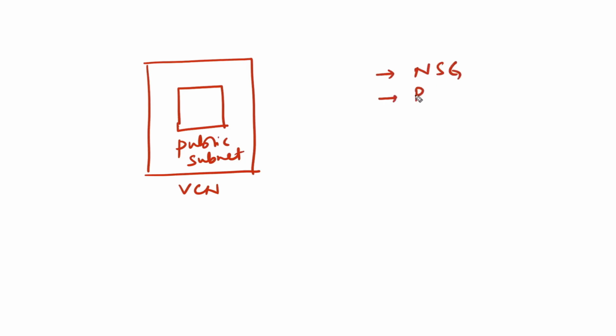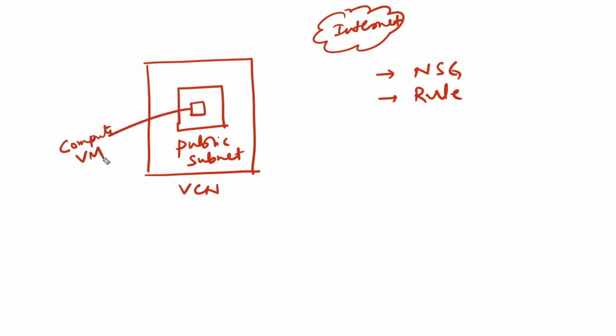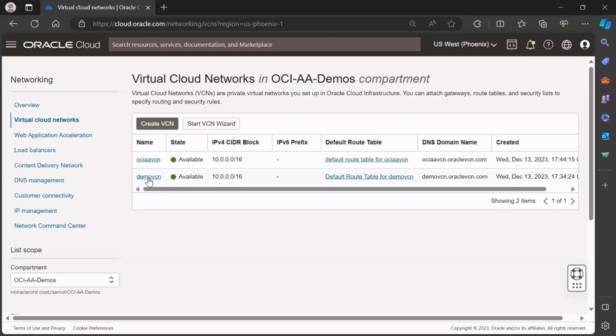Then we will add a rule, just like I explained. Then we will install Apache Web Server on a compute instance. And then we will try to access the web server from the internet. So let's get started. I'll take you to the OCI console and we'll work with this particular VCN, which is demo VCN.